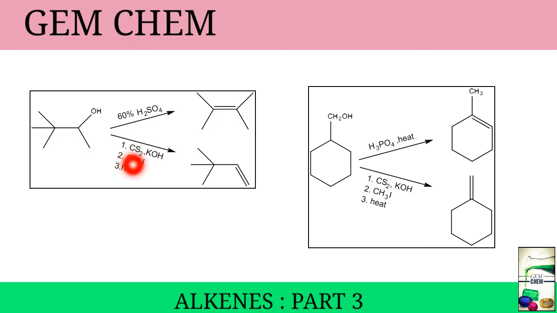Whereas when this reagent, that is CS2, KOH, then CH3I and heat is given, this hydrogen is removed. So here we get an alkene with more substitution, whereas there is the presence of rearrangement, and in this case we have an alkene which is normal. See this one also, CH2OH present here.